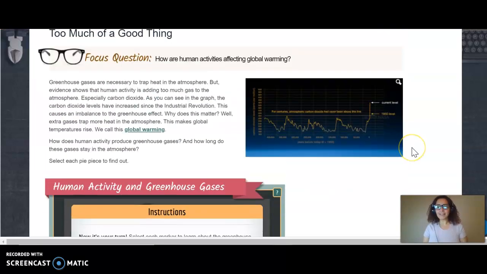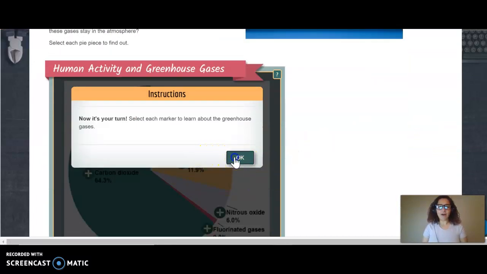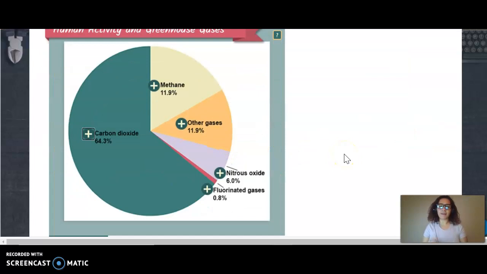And unfortunately, humans are mostly to blame for this. So we are putting all of these different types of harmful gases, mostly carbon dioxide, which happens when we breathe out, into the atmosphere, which is causing global warming, which is an increase in the Earth's average temperature.